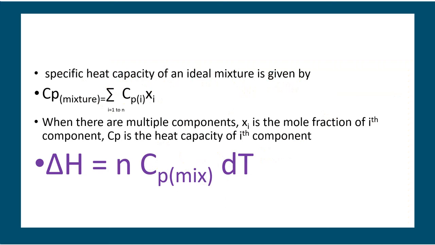Let us assume it to be mole fraction, because if Cp is given in kilojoule per kilomole Kelvin, then Xi is mole fraction. If Cp is given in kilojoule per kg Kelvin, then Xi can be mass fraction.